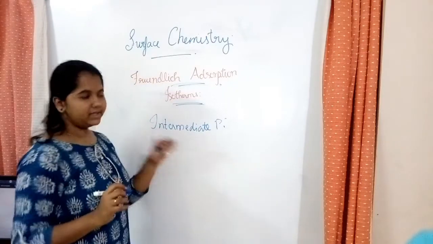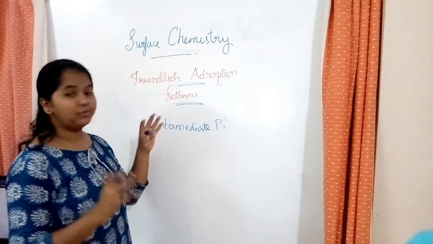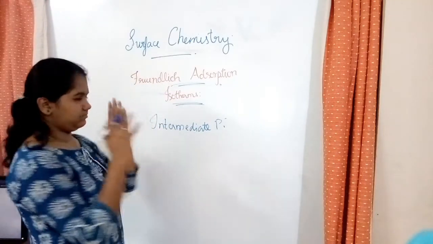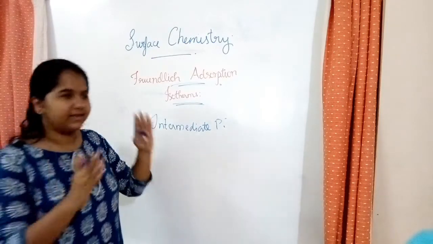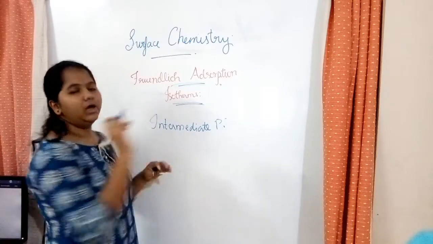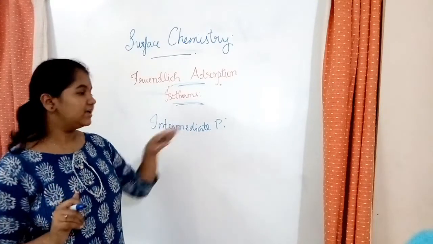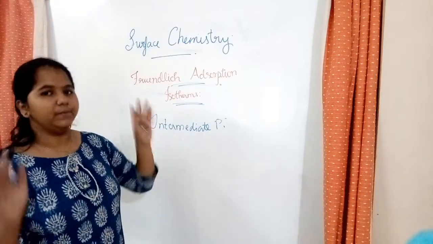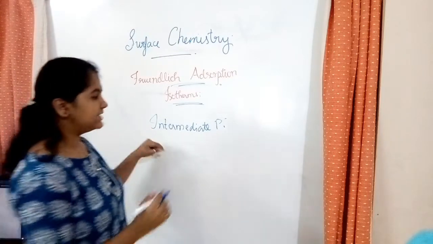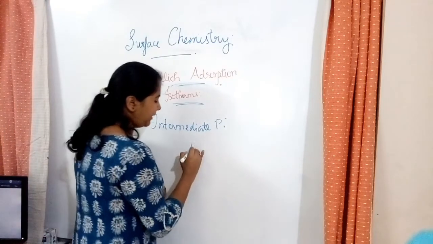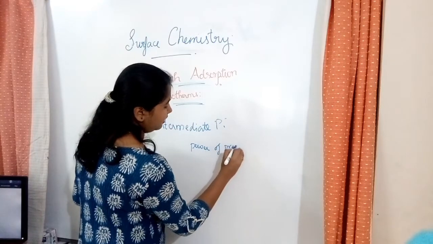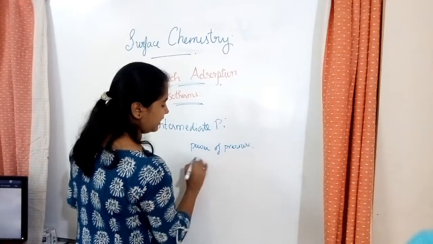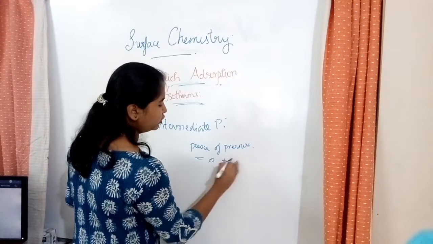Over here, the first case, the extent of adsorption was directly proportional to pressure, the second one was not dependent on the pressure, and the third one is dependent on the power of pressure, which ranges from 0 to 1.